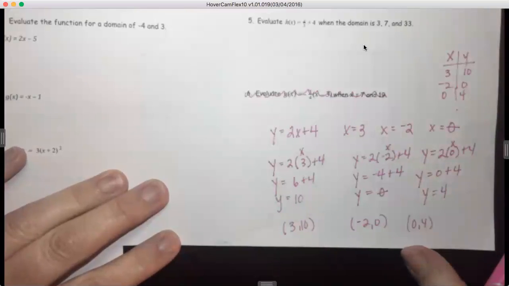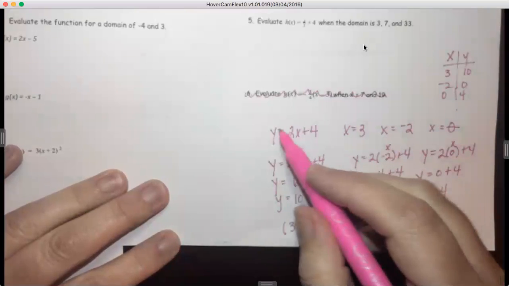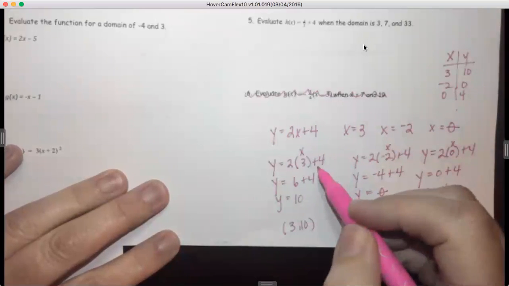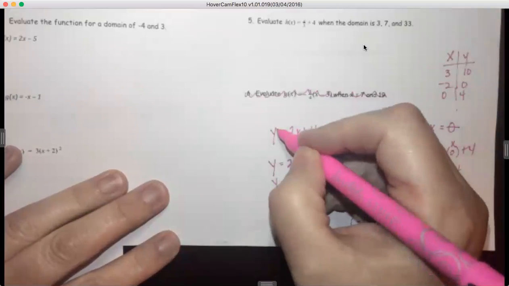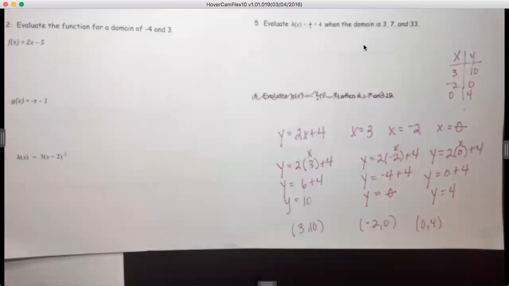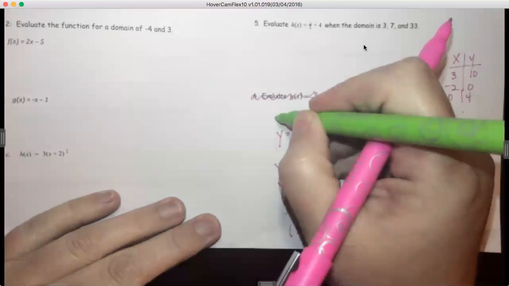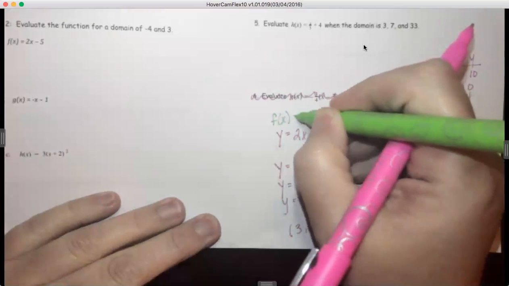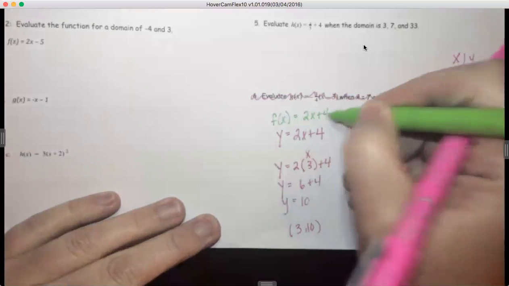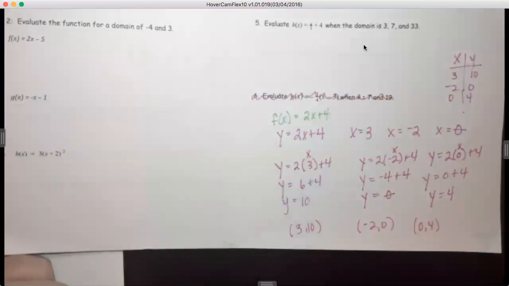Now we're going to introduce something else. Instead of y equals 2x plus 4, we have something called f of x. So instead of writing it as y equals, we're going to write it as f of x equals 2x plus 4. This is called function notation.